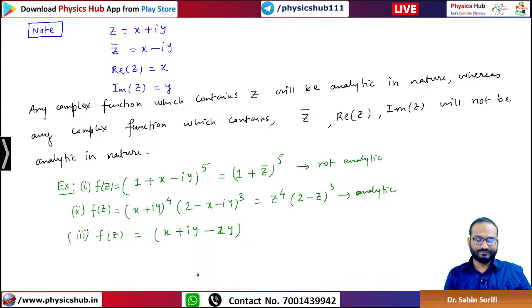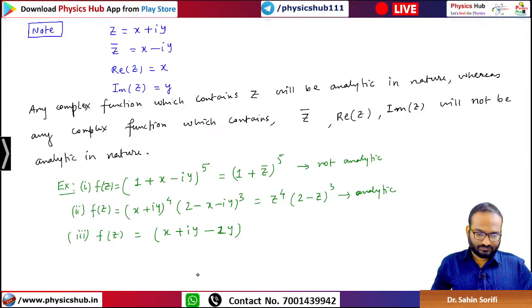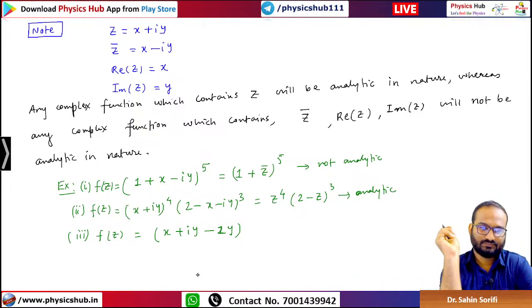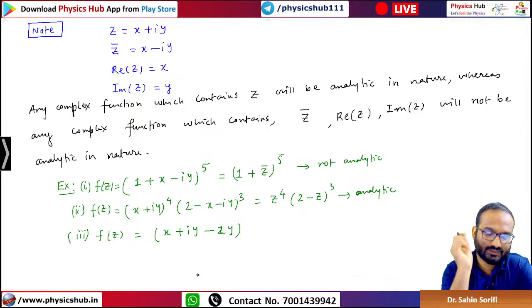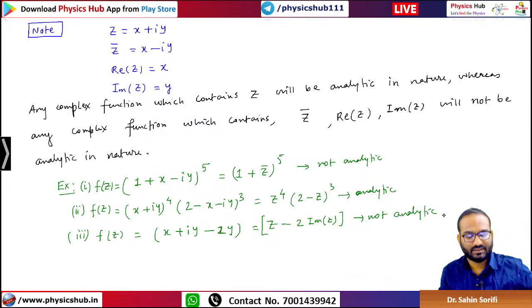Third example: x plus iy minus 2i times y, this will not be analytic because this contains z minus 2 times imaginary of z. So it contains imaginary of z, so that is why this is not analytic. So you have understood how to check this.